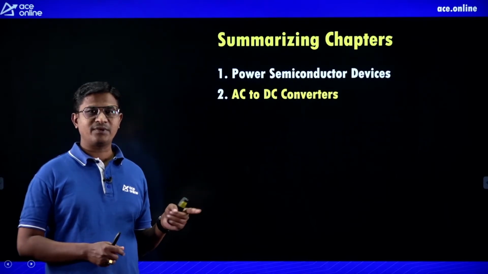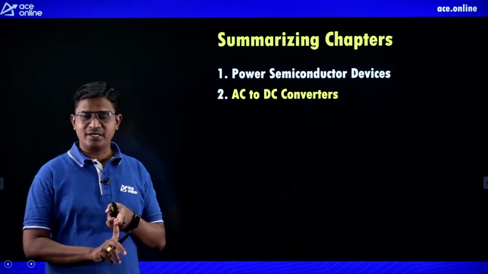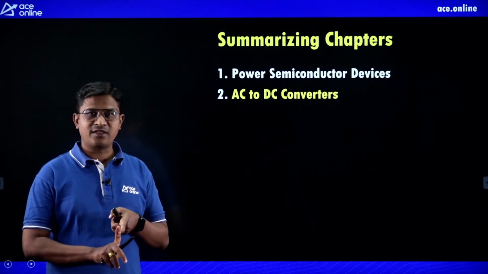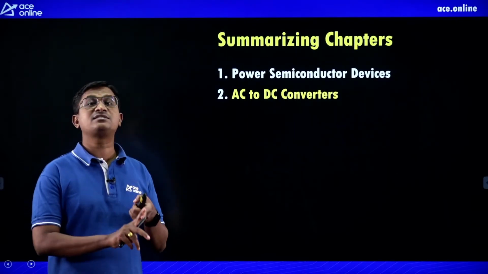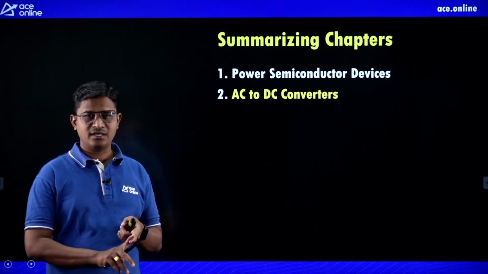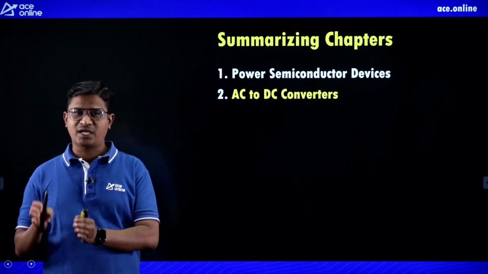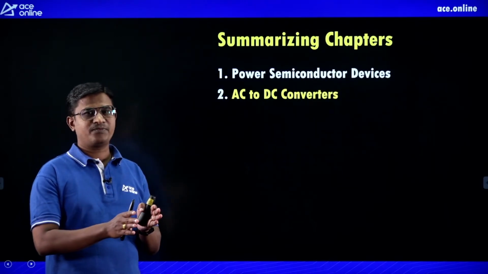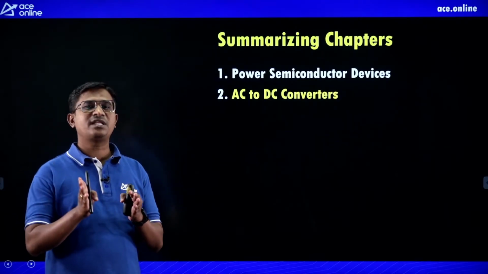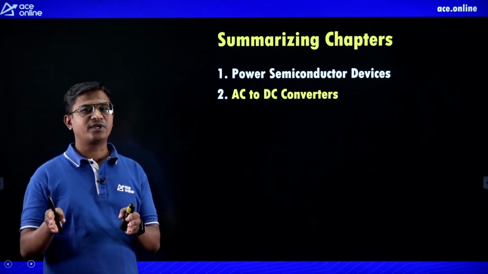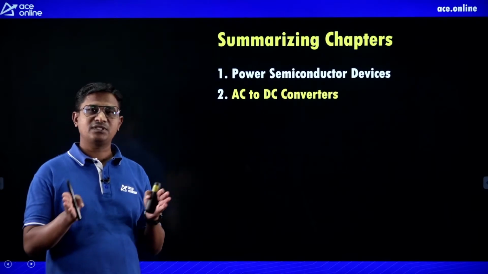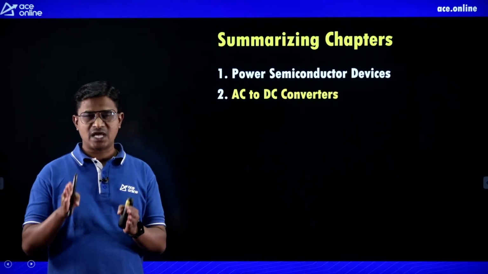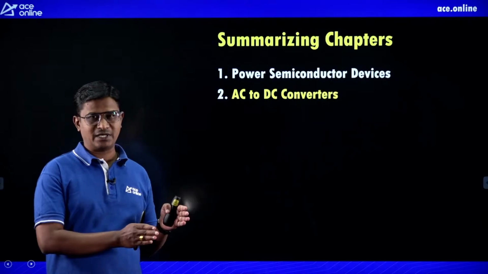Second, AC to DC converters. In this we have uncontrolled rectifiers and controlled rectifiers, single phase as well as three phase. In single phase again there are half wave rectifier and full wave rectifier, midpoint configuration and bridge configuration. Similarly in three phase we have three phase half wave and three phase full wave rectifiers.